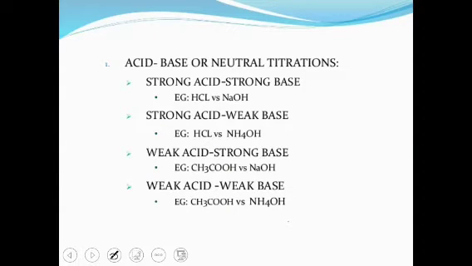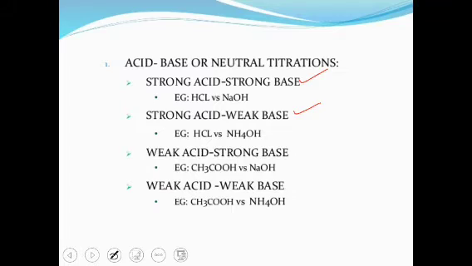Conductometric titrations are majorly used for acid-base titrations. Acid-base titrations are neutralization titrations. There are majorly four types. The first one is strong acid versus strong base conductometric titrations. The next one is strong acid versus a weak base.